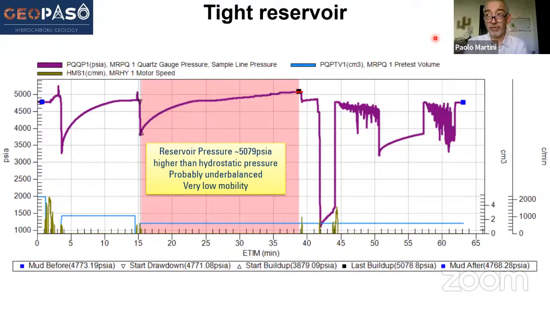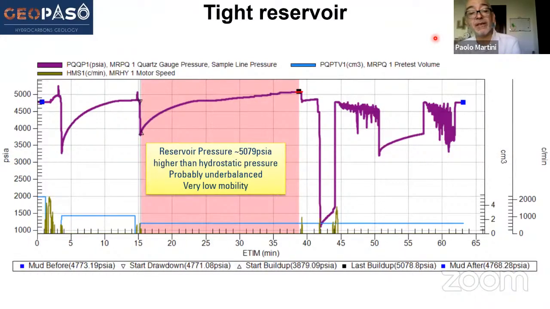If you would drill something with 300 psi underbalance, it's unlikely that you would not have any flow. The well would show a gain at the mud pits, even with low permeability.